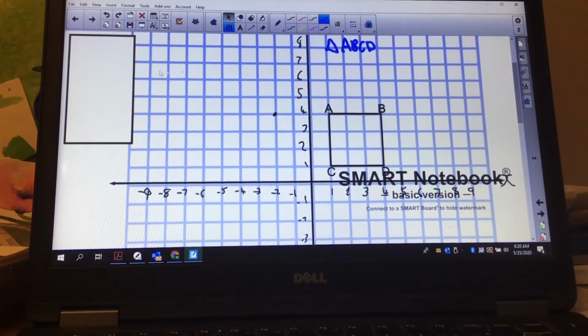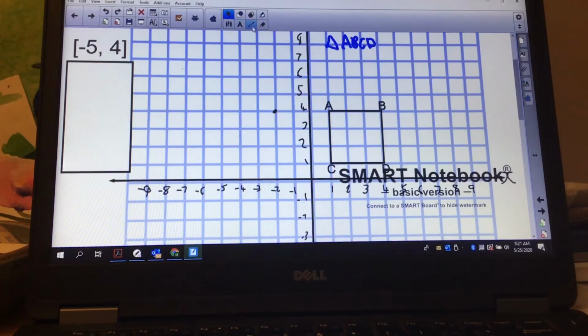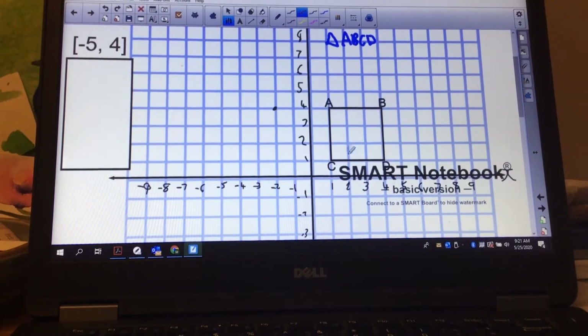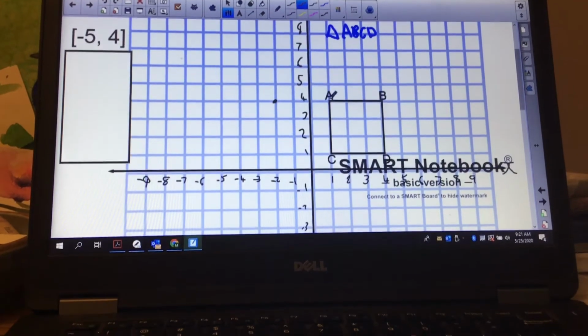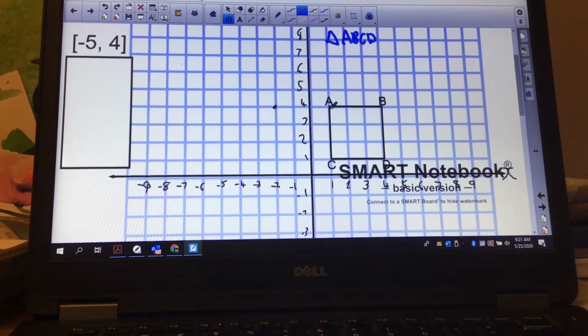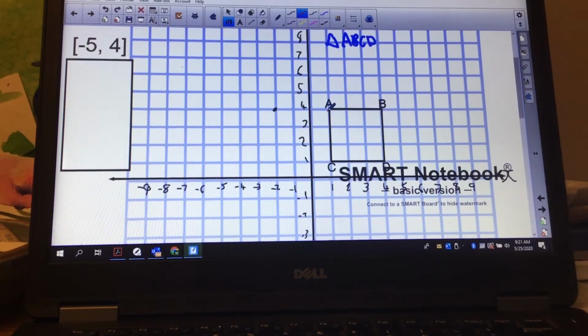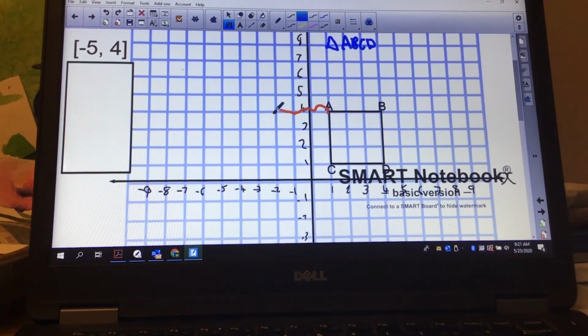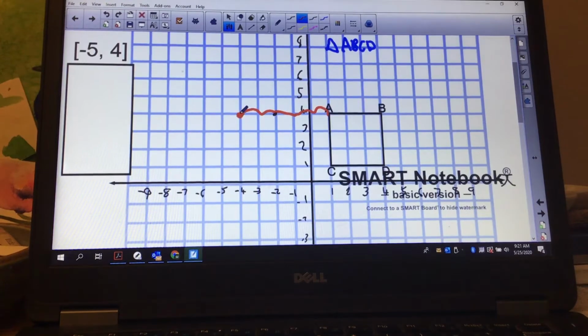Okay, so take a look. If that's my vector for translation, -5, 4, the easiest way for me to show you, I know I'm moving the shape left, so I'm going to start with one of the points on the left. So let's start with point A. If I'm moving at -5, point A is going to go 1, 2, 3, 4, 5 to here.